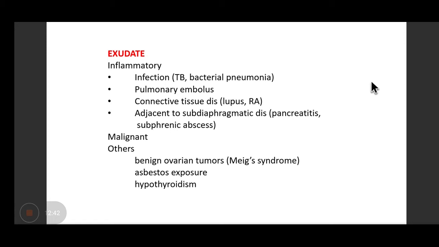Can anybody type in what is Meigs syndrome? No? No one?